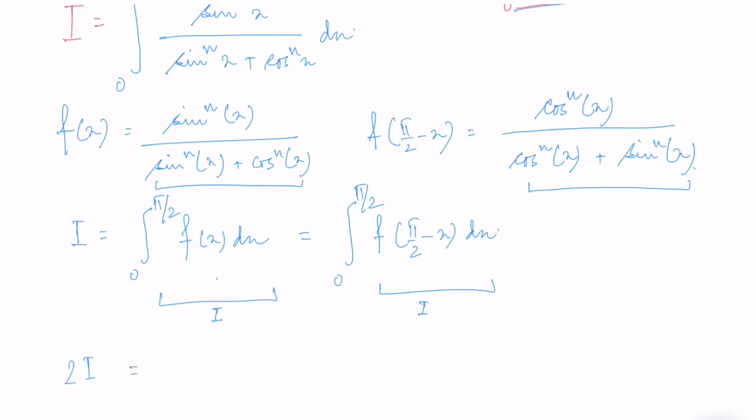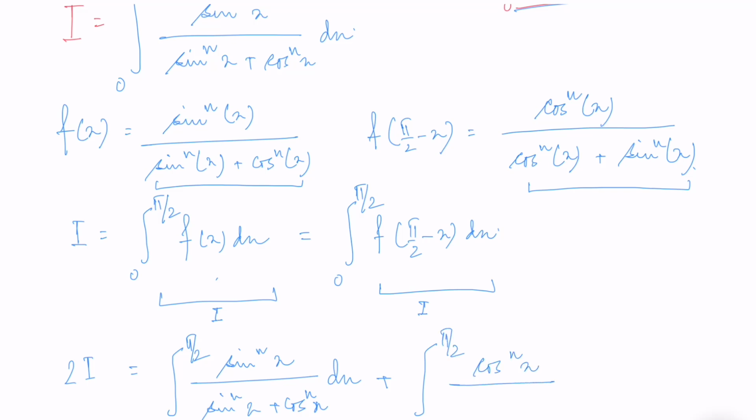Now instead of the first I, I'm going to write this one, which is sine to the power n x by sine to the power n x plus cos to the power n x dx from 0 to pi by 2, plus the integral from 0 to pi by 2 once again, this time of cos to the power n x by cos to the power n x plus sine to the power n x dx.